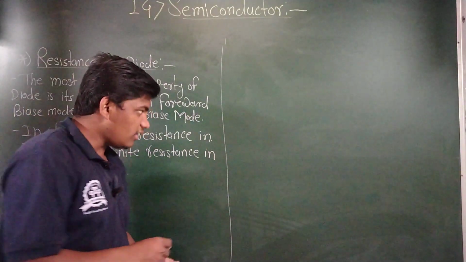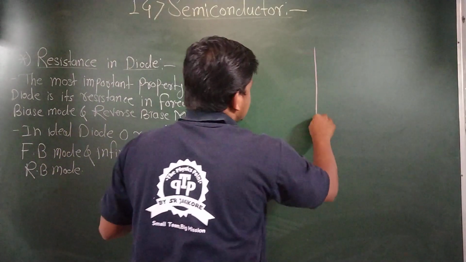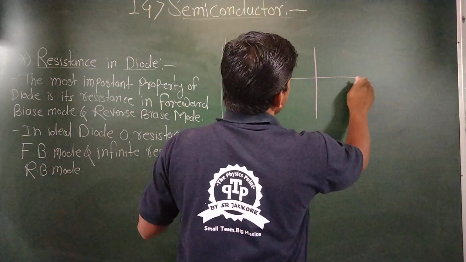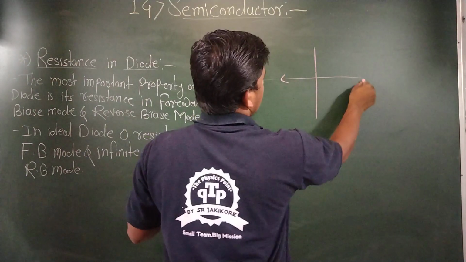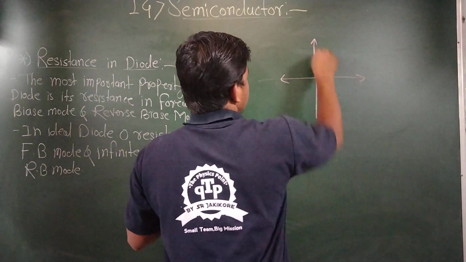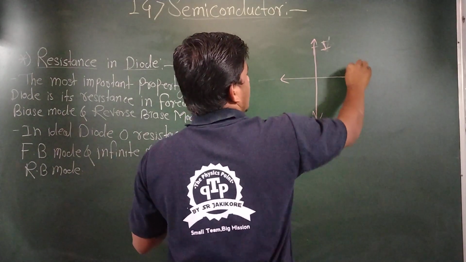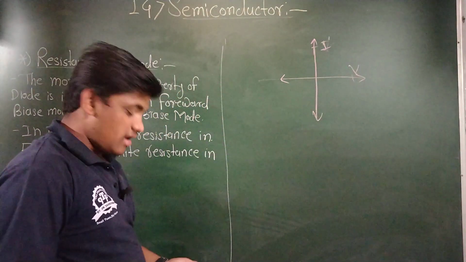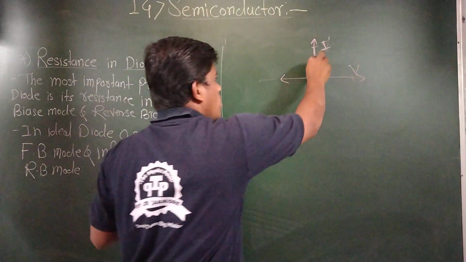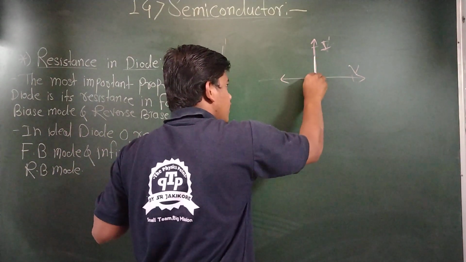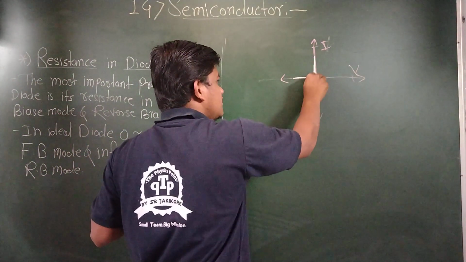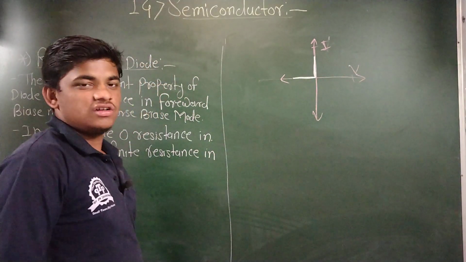Then I will draw the characteristic diagram here. The vertical axis is for current and the horizontal axis is for voltage. This is the range of that current.